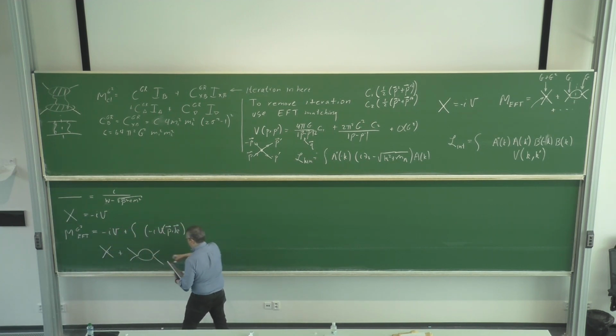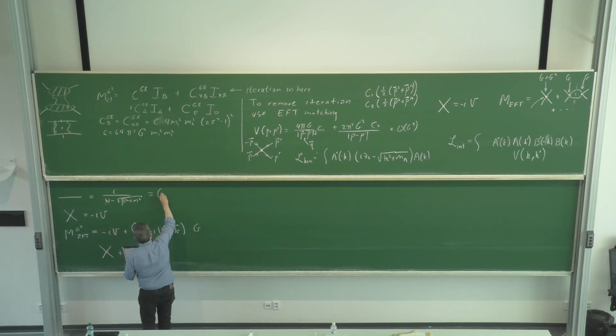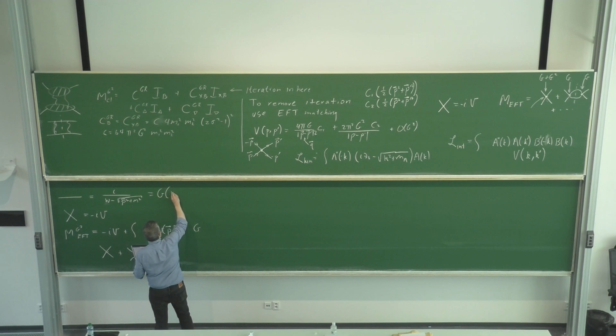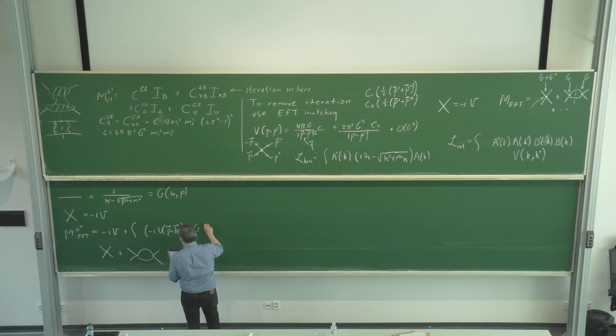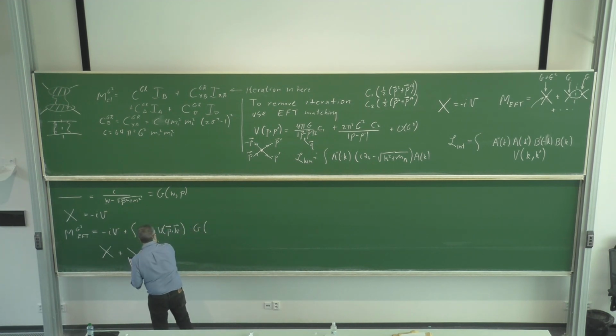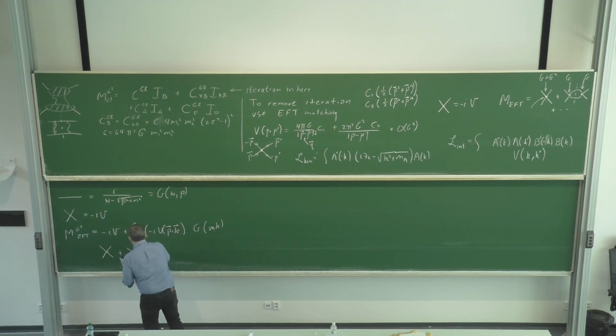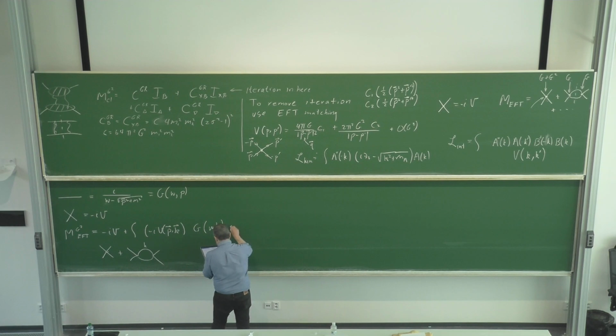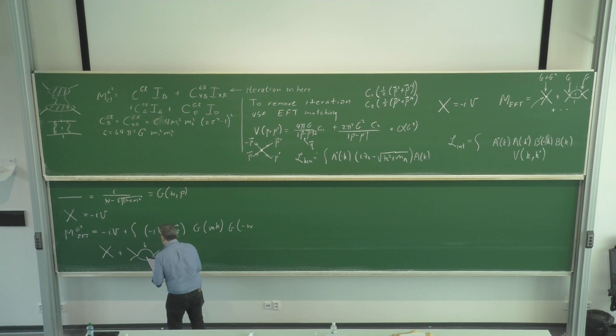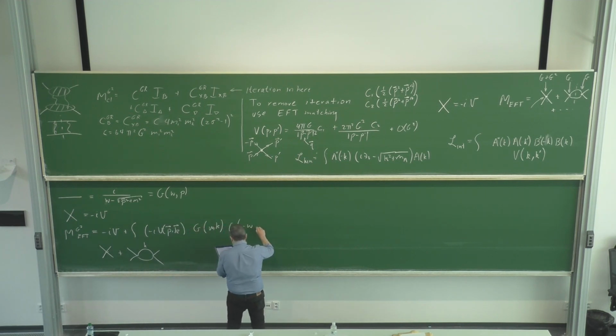Then in the middle there are two matter propagators, so I write that down. Let's call this G of omega and p. So this one, let's call this G of omega and k. This momentum here will be k. G of minus omega, so that'll be on the other side, on the other loop, minus omega plus E1 plus E2.